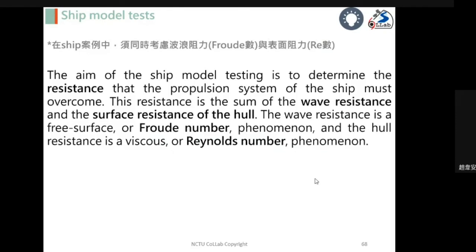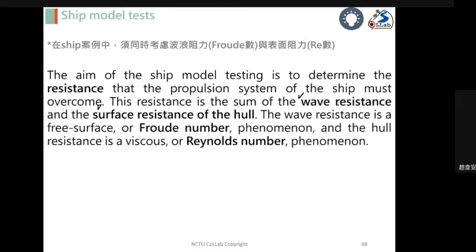So this is the final case. We are focused on ship model testing. The aim of ship model testing is to determine the resistance that the system of the ship must overcome. This resistance is the sum of the wave resistance and the surface resistance.